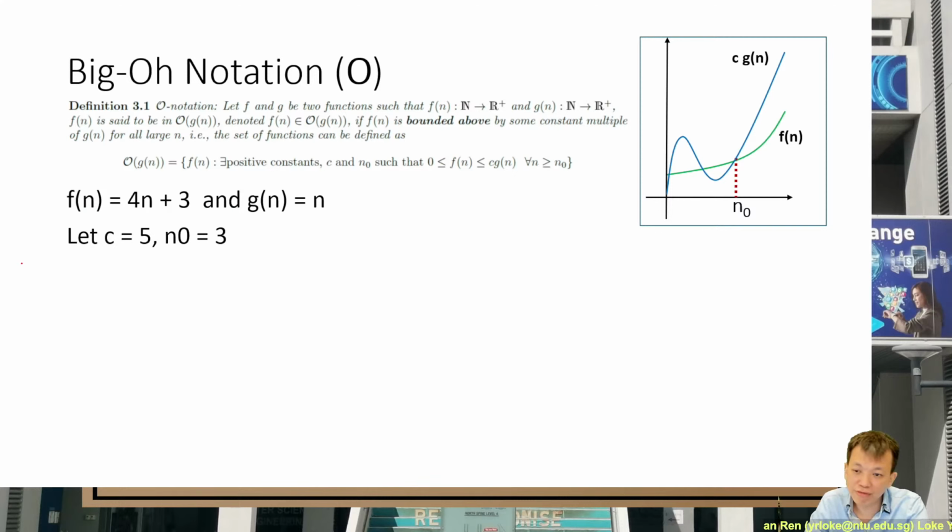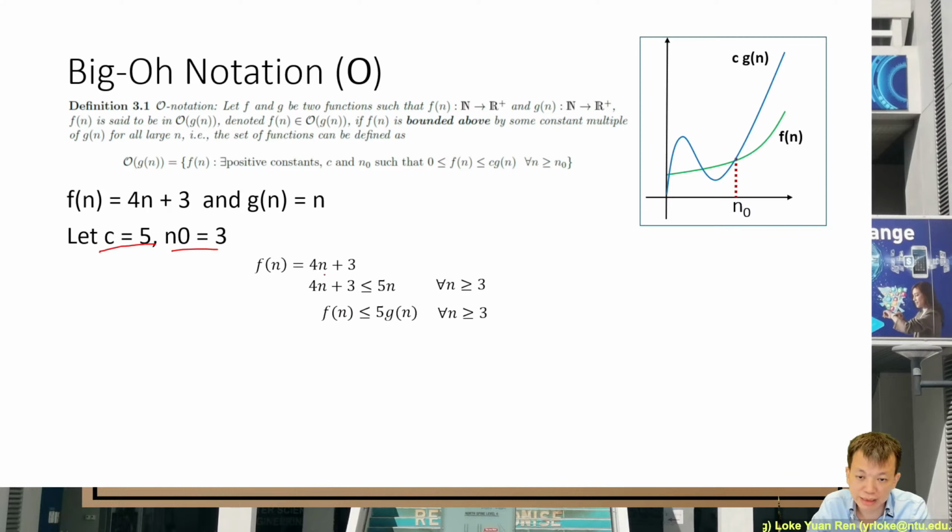Well, I can easily find that if my c equals 5, in fact you can find any number, as long as I can find one number that fulfills the definition, I can already make the conclusion. And n naught is equal to 3. You need this to fulfill 4n plus 3 less than 5n for every n greater or equal to 3. In that case, I can conclude that f(n) is in O(g(n)).